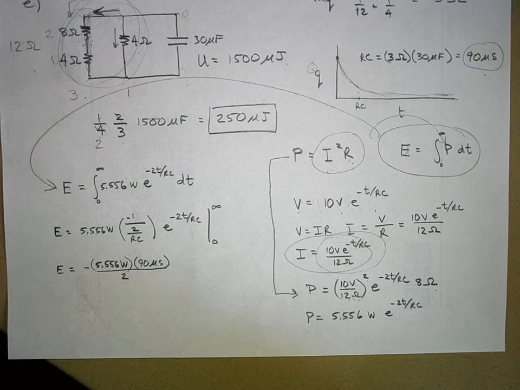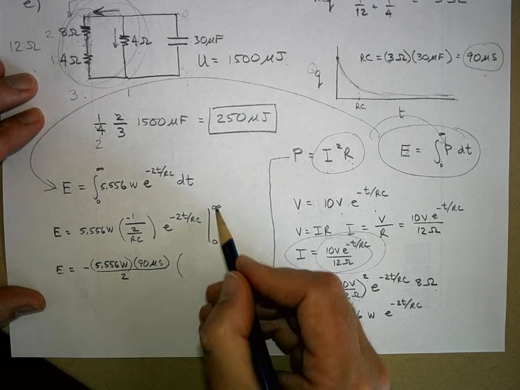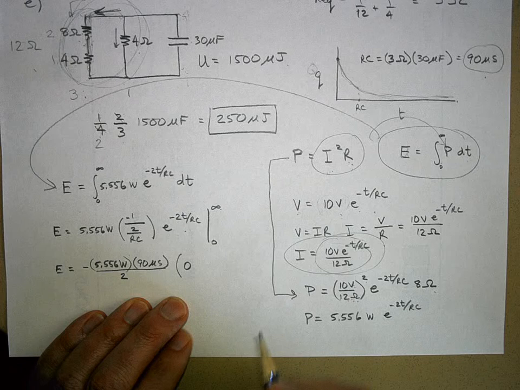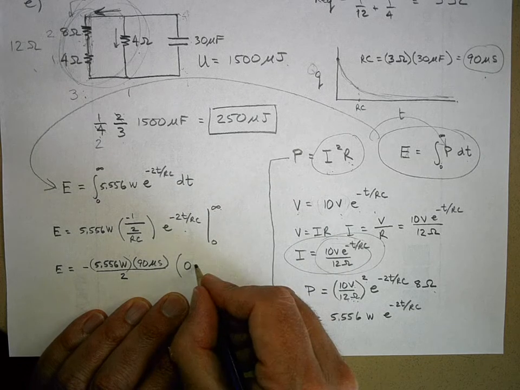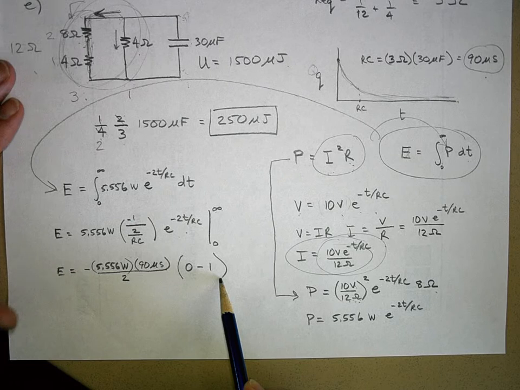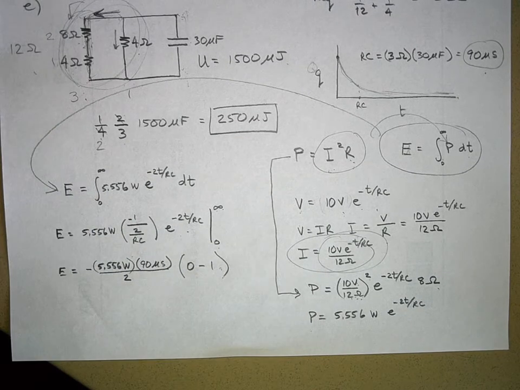Okay, and then we're going to evaluate this. Well, when I put infinity in here, I get 0. And when I put 0 in there, 0 minus, I get 1. So all this does now, we go from 0 to infinity, because like from time equals 0 to time equals a long time, right? That's all the energy dissipated by that resistor.